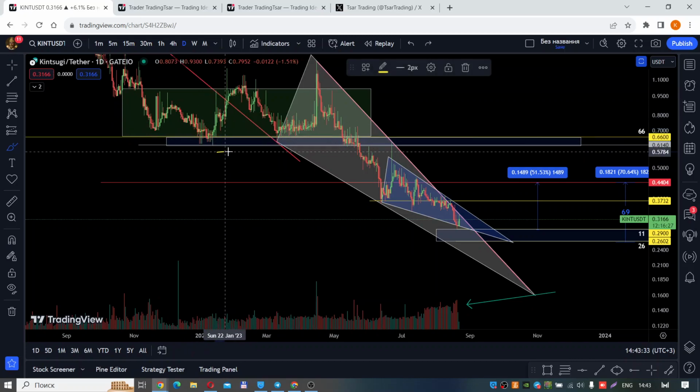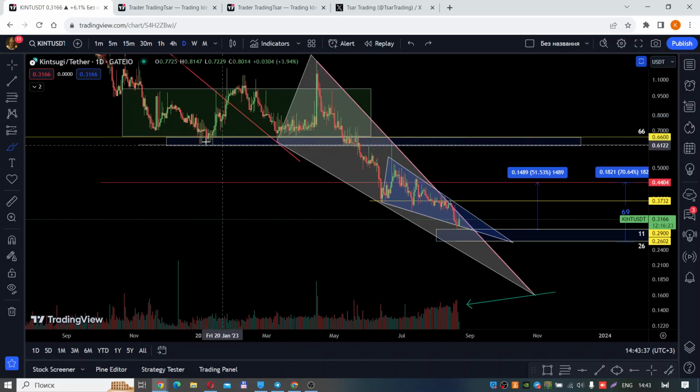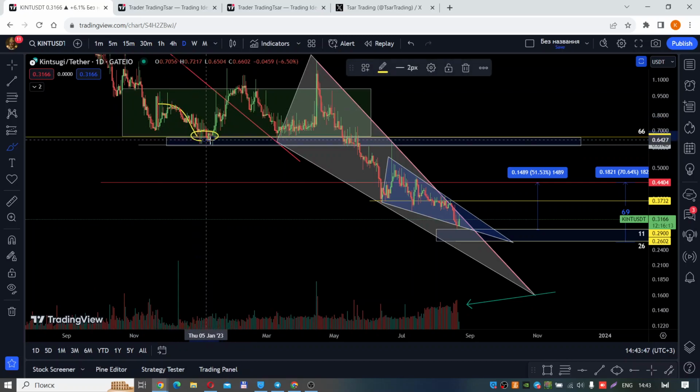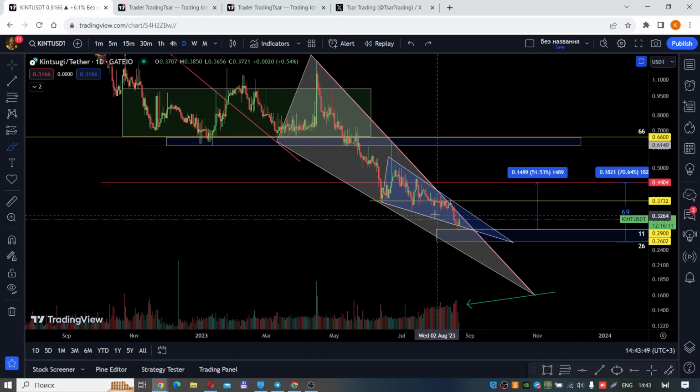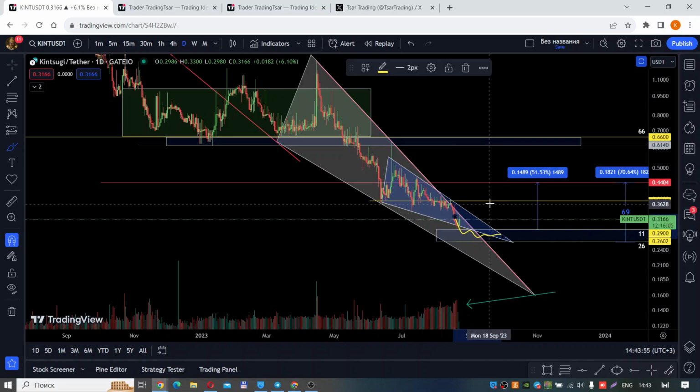So you put stop losses, if you wish, to control your risk, yes. But you work with probabilities, and from this zone, it's more probable that the price will move up. So you wait for the price to form the bottom.